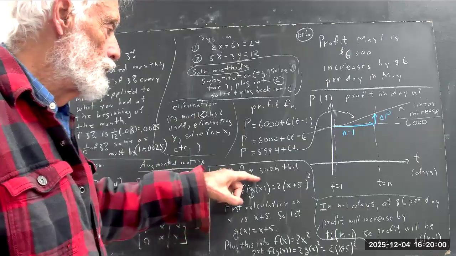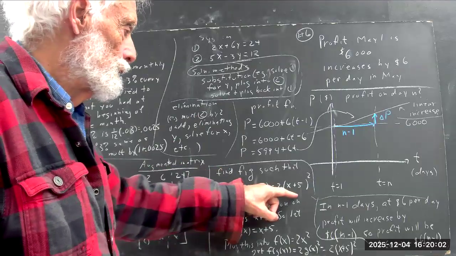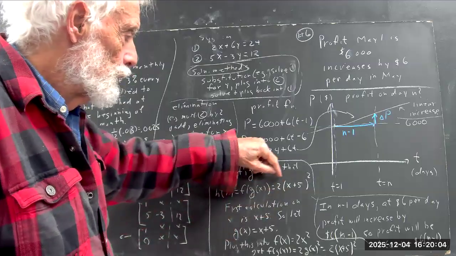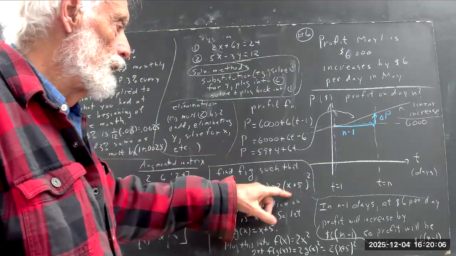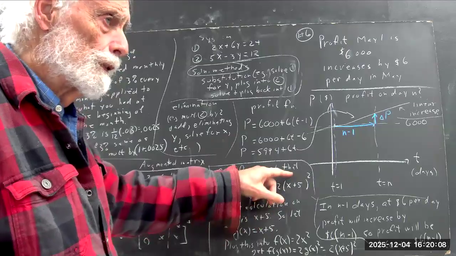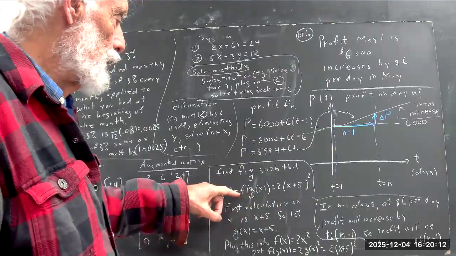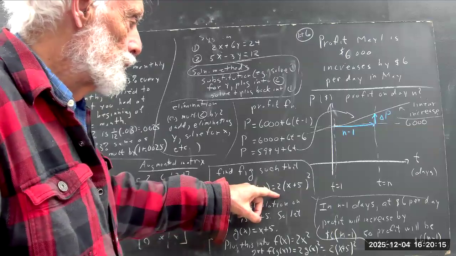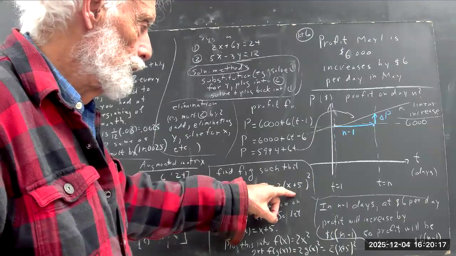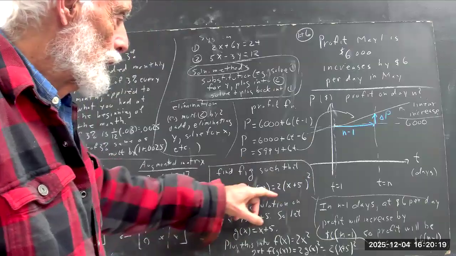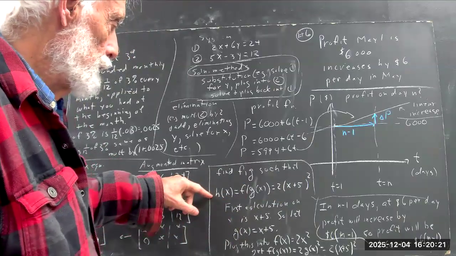So we want to find f and g such that, well, we try to break this 2 times quantity x plus 5 squared into a composite of two functions. That means we're trying to find f and g so that f of g of x equals 2 times the quantity x plus 5 squared. And that function we're going to call h of x.